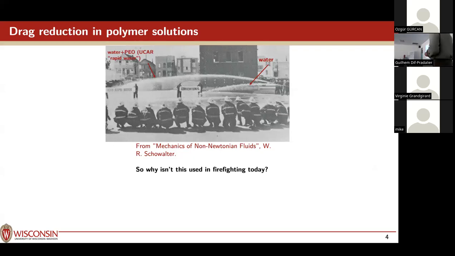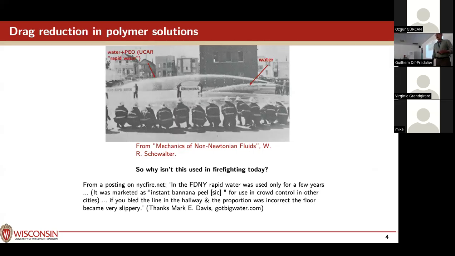Okay, and so there was this idea that you could use this in firefighting. All right. So why isn't it used in firefighting? I got in touch with someone who sells equipment to firefighters and asked this question. And here's what he led me to. In FDNY, the New York Fire Department, Rapid Water was used only for a few years.